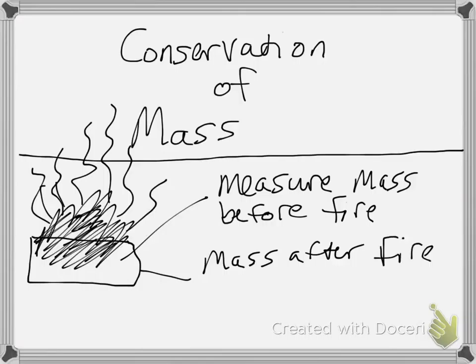And without too much surprise, we can say that the mass before the fire is greater than the mass after the fire. And this is common knowledge to anybody who builds bonfires to cook hot dogs with, and so on and so forth. And initially, people were puzzled by this, and they said, well, maybe mass just isn't conserved during chemical reactions.